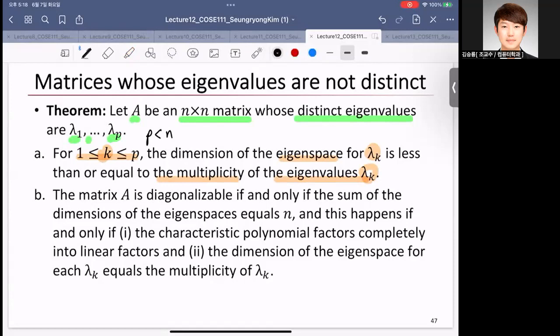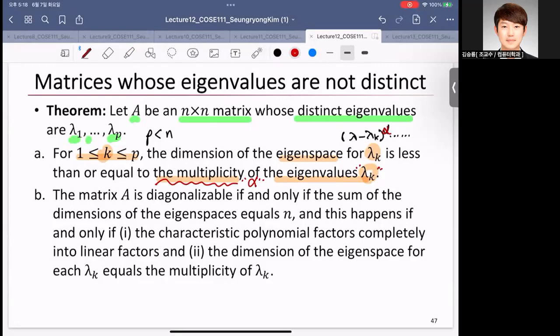So what does it mean? When we think about the characteristic equation, it has a factor like (lambda minus lambda k) to the alpha, and so on, right? In this case, this alpha is called the multiplicity of the eigenvalue lambda k.